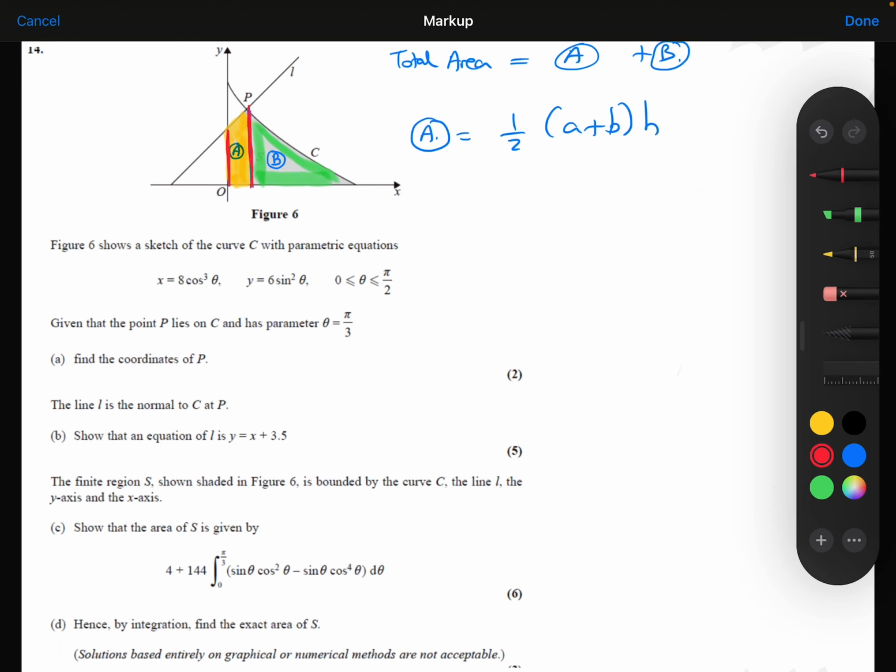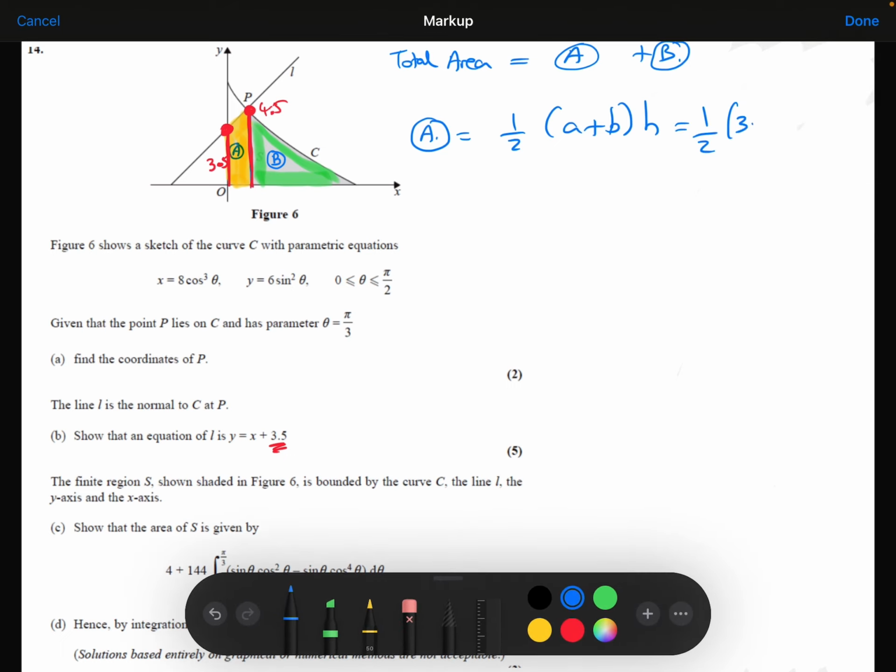Well, in the previous part of the question, we found that the y-intercept of our normal was 3.5. So therefore we know that our first height there is 3.5. And we know the y-coordinate of point P was 4.5. So we know that A and B are 3.5 and 4.5.